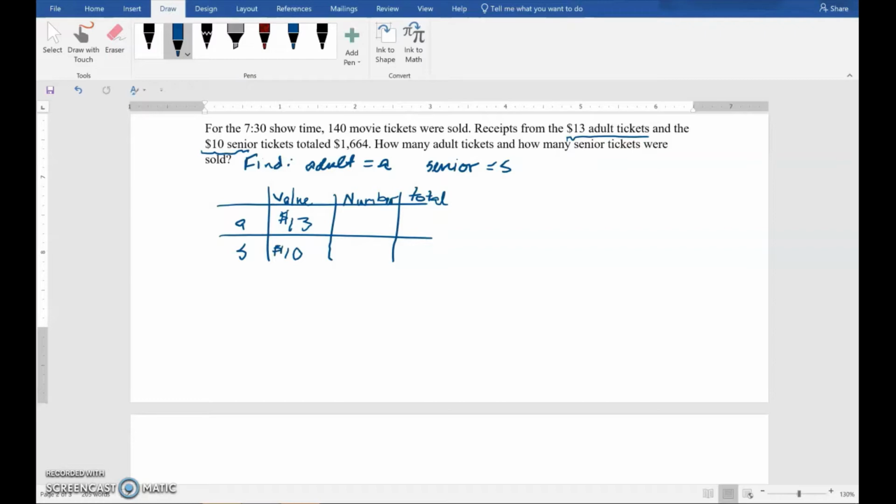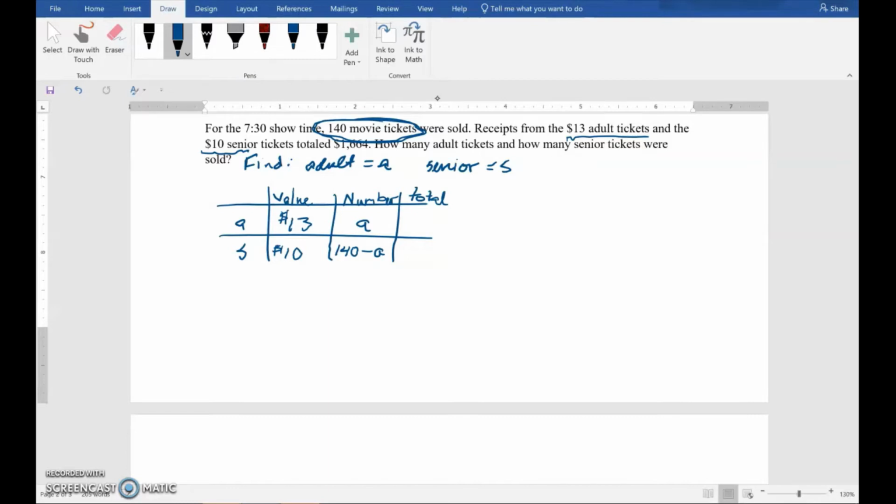And so now let's talk about the number. And so again, this time they don't give us a direct relationship between them, but I know the total number of tickets right here. And so we can use the trick that we talked about before. We say, okay, I know that if, say, A adult tickets were sold, then if it were to add up to 140, then I'm going to subtract whatever that A amount is from 140 to get the remaining tickets that had to be senior tickets.